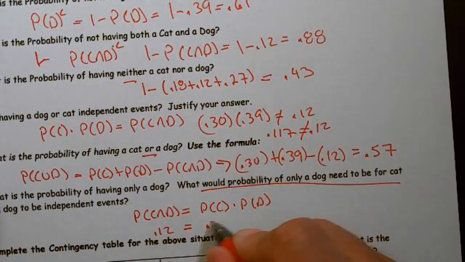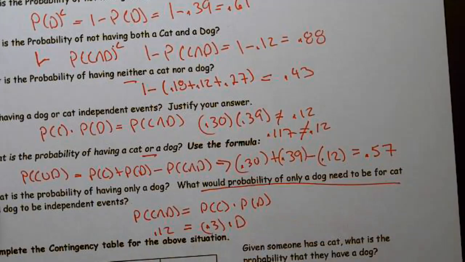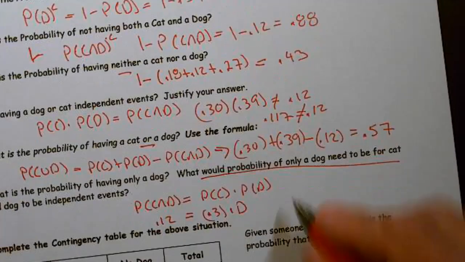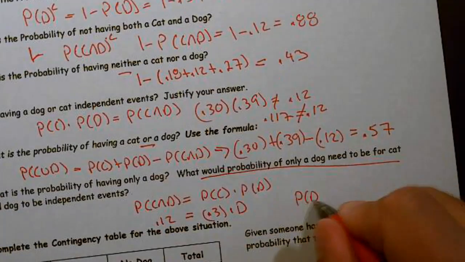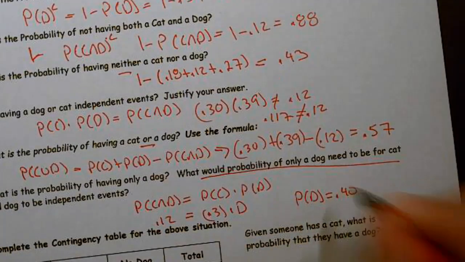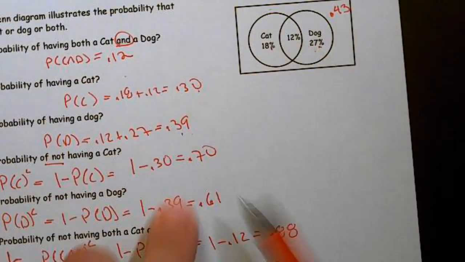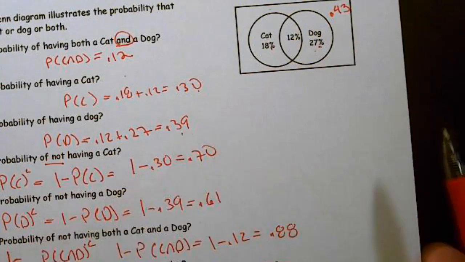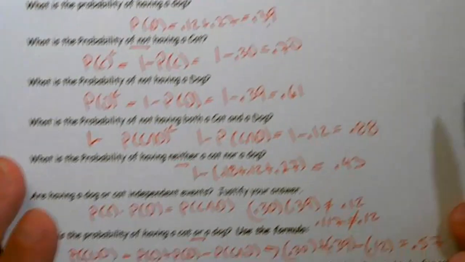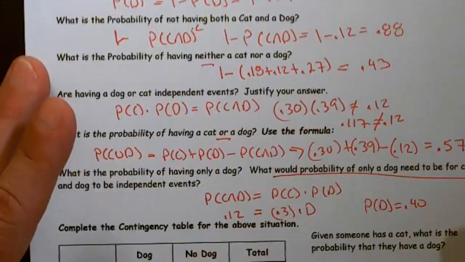Probability of cat is 0.3. So we can solve for dog. When we do that, we find that the probability of dog needs to equal 0.40. So if I had dog equal 40% instead of 39%, they would have been independent.